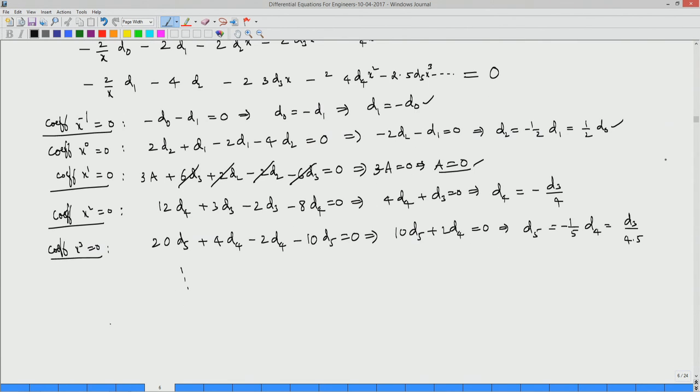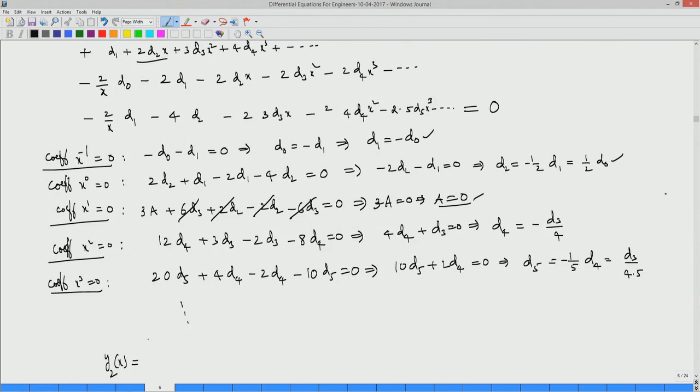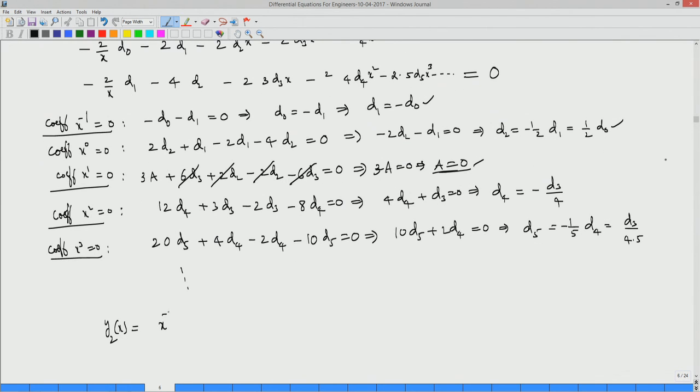So, finally what you are getting is y2 of x, which is given as a into y1 x into log x. Since a is 0, that term will not be there, and you have x power minus 2 times: d0, plus d1, which is minus d0 x, plus d2, which is half d0, x square. These are all given in terms of d0.